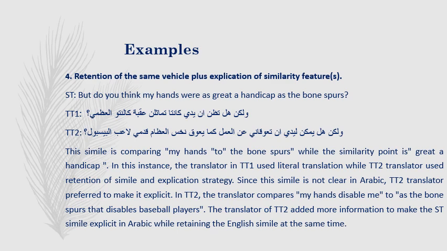In the second translation, the translator compares "my hands disable me" to the bone spurs that disable baseball players. The translator added more information to make the source text simile explicit in Arabic while retaining the English simile at the same time.